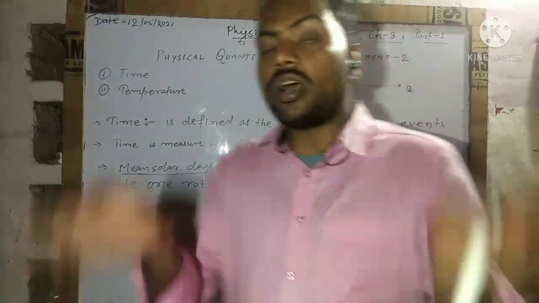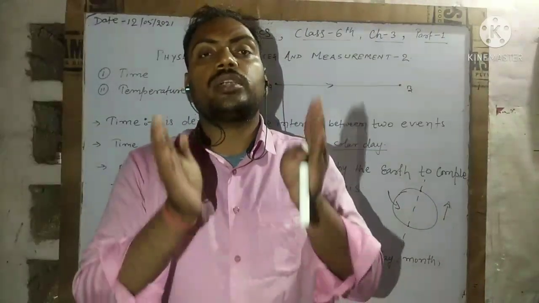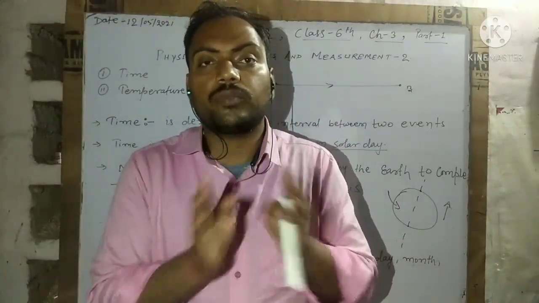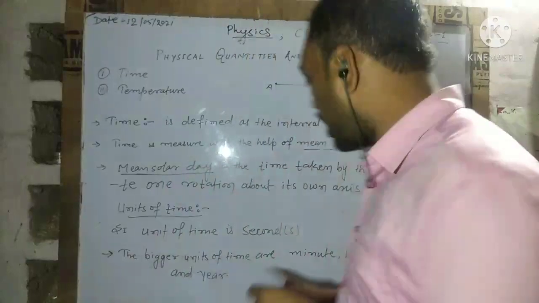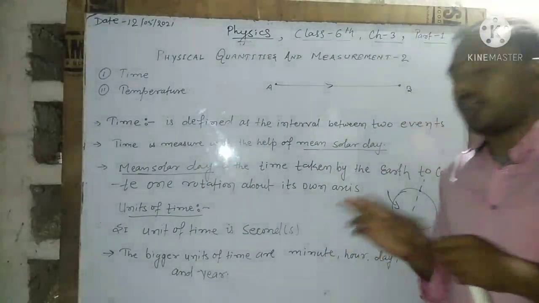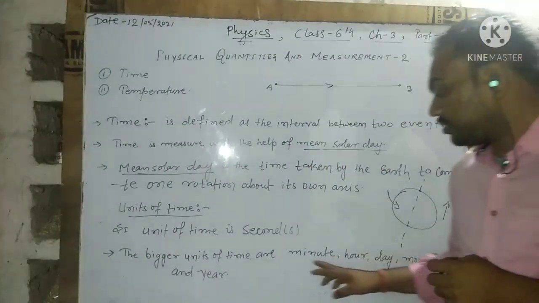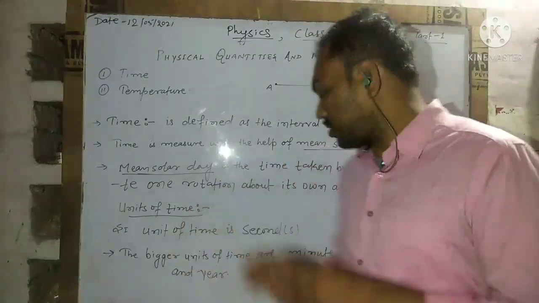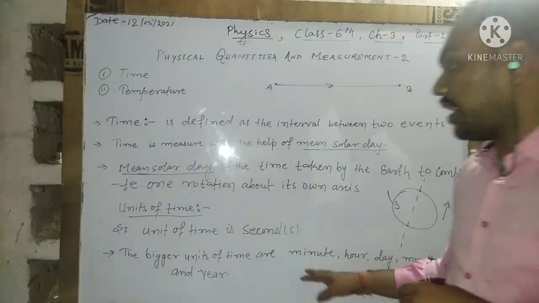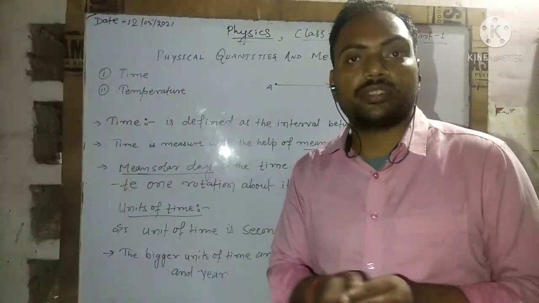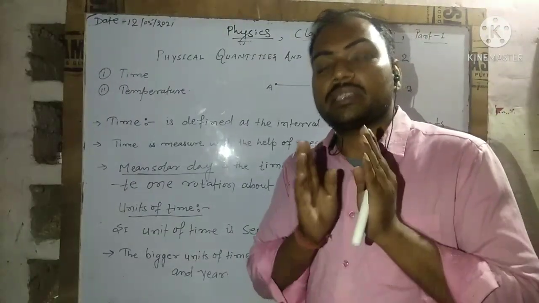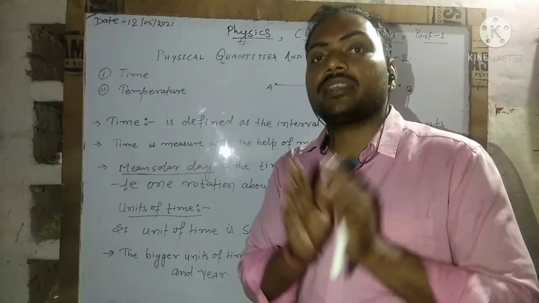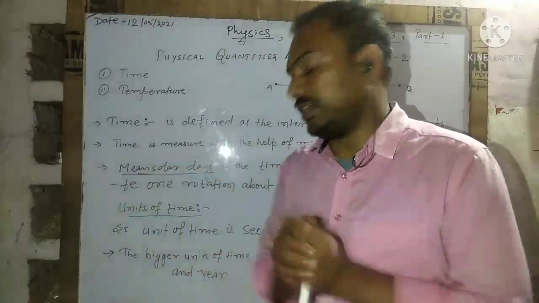A day is also divided into 24 small events, that is called an hour, and an hour is divided into 60 small events, that is called a minute, and a minute is also divided into 60 small events, that is called a second.